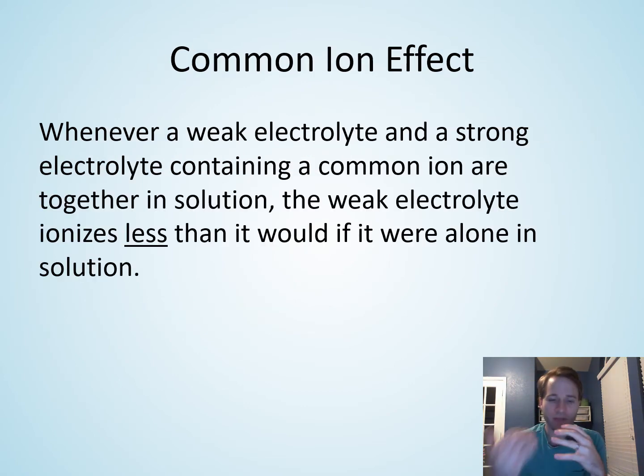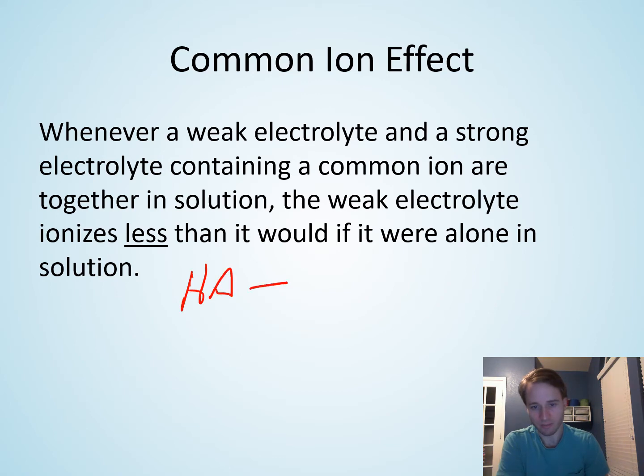This effect is referred to as the common ion effect. The common ion effect is whenever you have some sort of weak electrolyte and a strong electrolyte that contain a common ion in some type of equilibrium reaction. When you mix those together, it will cause the weak electrolyte to ionize less than if it were alone in the solution. Because again, if I have some solution where HA forms H+ and A-, and that establishes some equilibrium, and let's say it has 5% dissociation, 5% of HA breaks apart into H+ and A-.